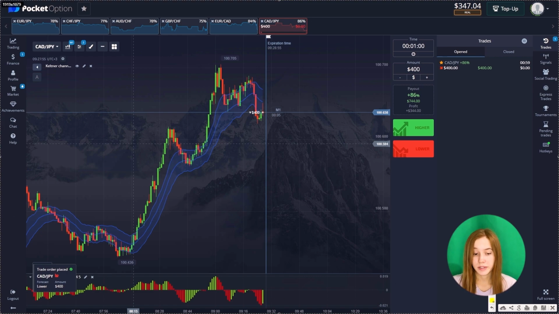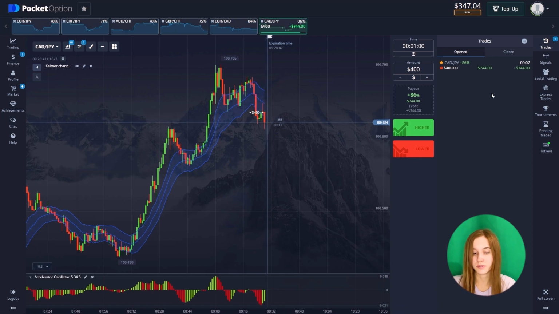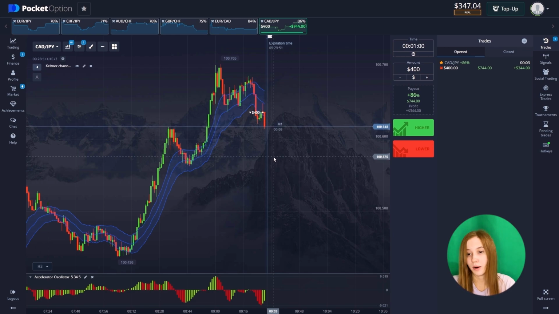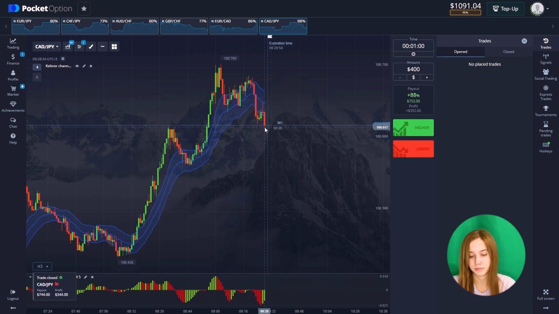By oscillator, we have uncertain situation, but drawdown also. One green bar, but this tells us absolutely nothing. That this green bar was formed due to this recovery into green candles. Let's see. 6 seconds left. Yeah, our deal is going into plus, $344.